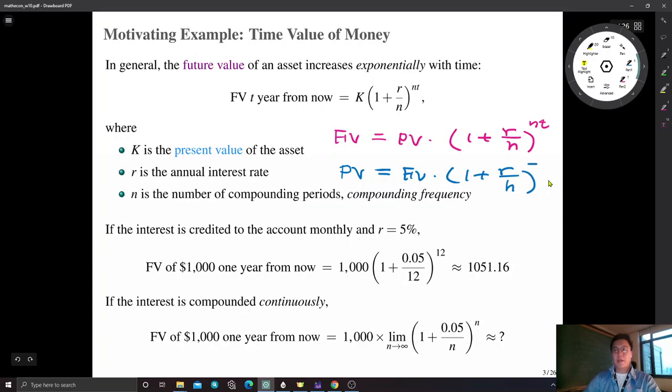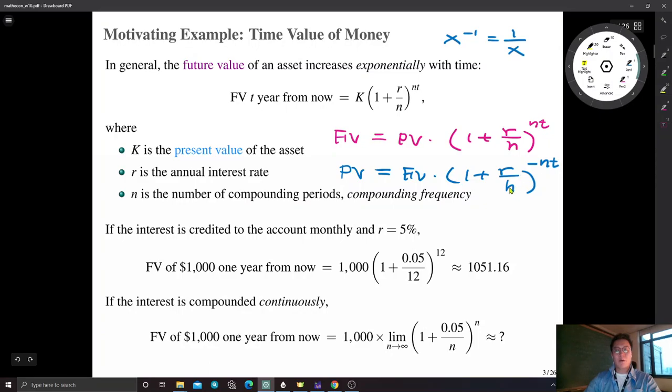Now the power becomes negative. Remember, x to the power negative 1, so a negative exponent means the reciprocal. So if we divide both sides of this equation by this operator, then we are going to have a negative exponent.